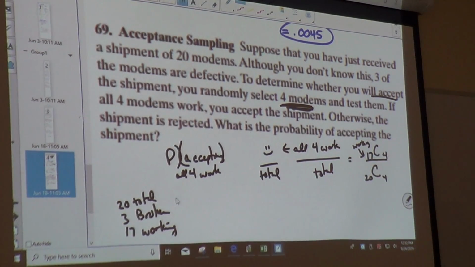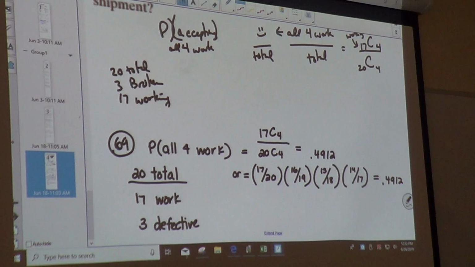Now, just to give you another example on that one, what if I said there's 20 total, there were 3 that were defective, there were 17 working.